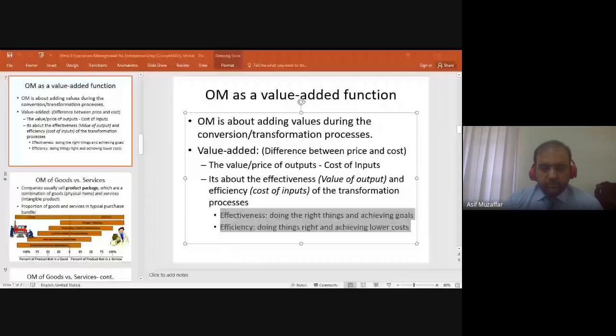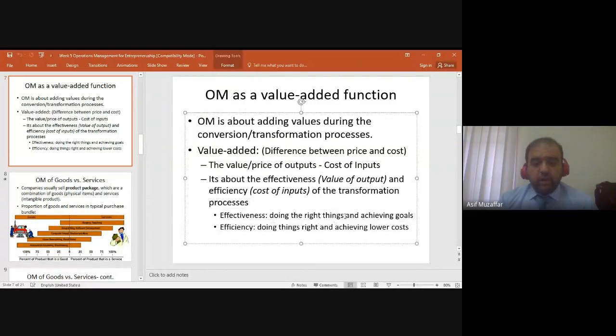Again, just remember this definition. Let me share it again. Okay, you can see my slides right now. Effectiveness: doing the right things and achieving good goals. That means effective means you are doing the right thing so that your product is a good product.